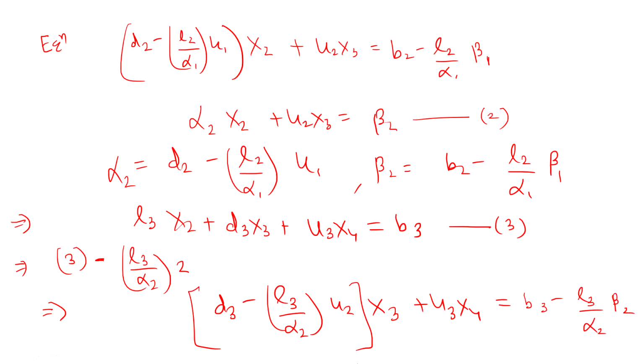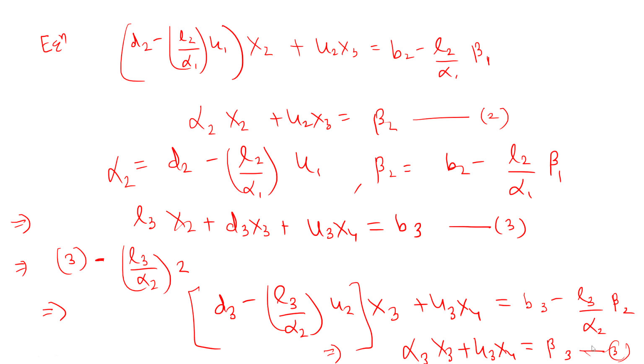So I will write down this as alpha 3 x3 plus u3 x4 is equal to beta 3. So this has become my equation number 3.